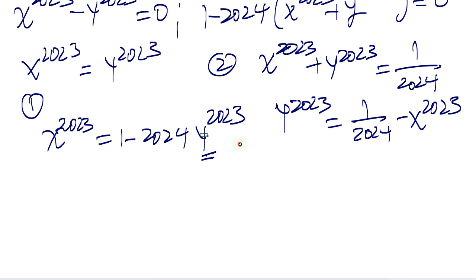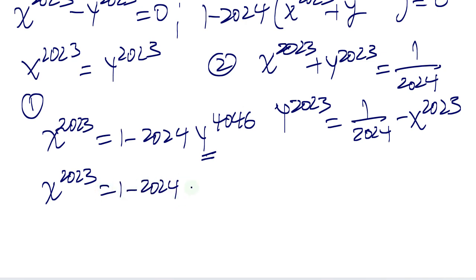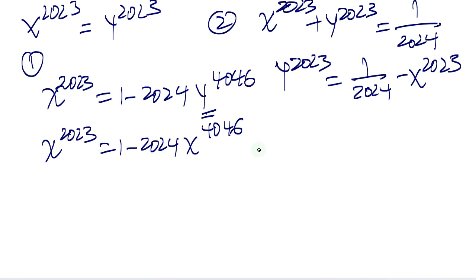This is not 2023. This is actually 46. And then we have that this one will become then x to the 2023 equals 1 minus 2024 times x to the 46, right?